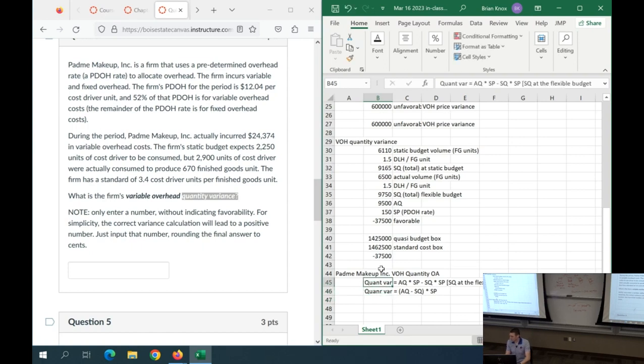Still remembering that either one of these SQs is standard quantity at the flexible budget of actual production, actual finished goods production.